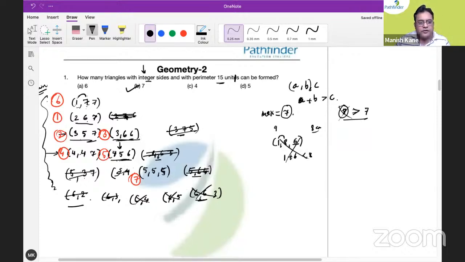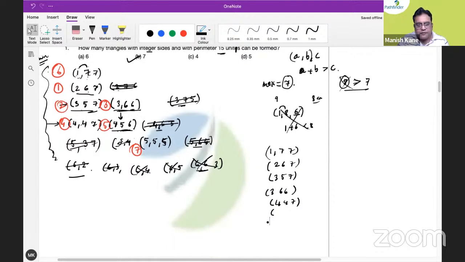Now, which triangles satisfy this? 1, 7, 7, then 2, 6, 7. These are all triangles with integer sides and perimeter equal to 15. 3, 5, 7. 3, 6, 6. Then you have 4, 4, 7.